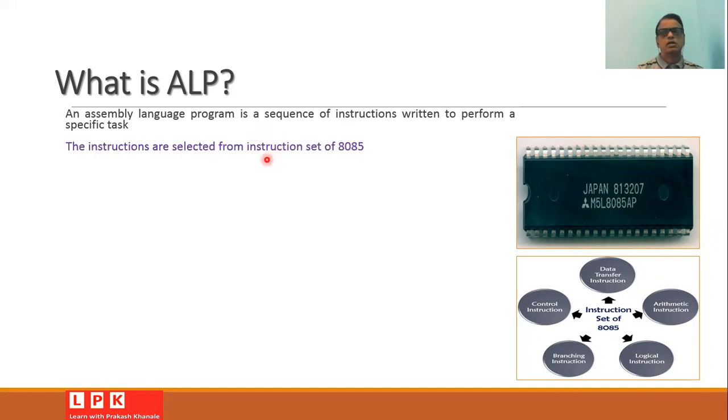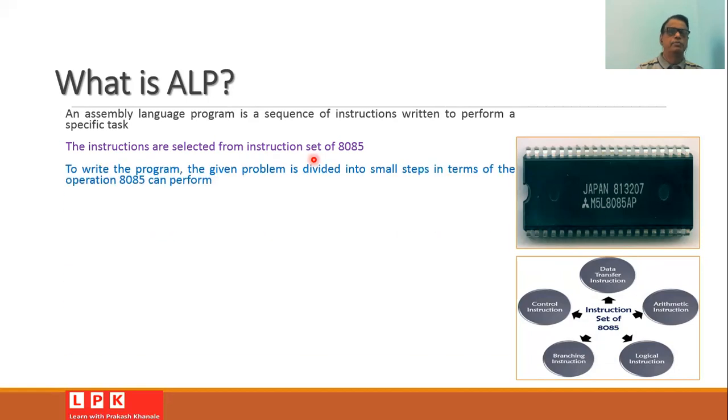These instructions are to be selected from the instruction set of 8085. We know that there is a large number of instructions available for the microprocessor 8085, and these instructions are classified into different categories, and all such instructions can be used in the assembly language program of 8085.